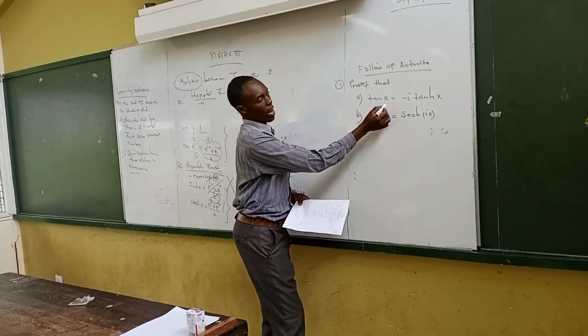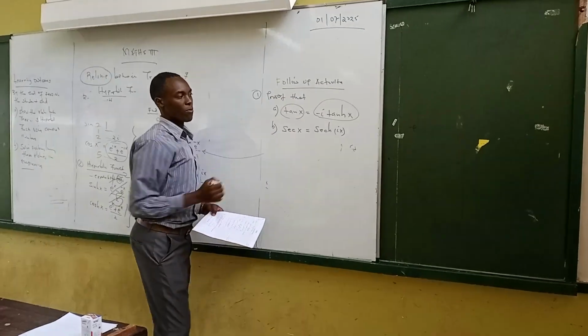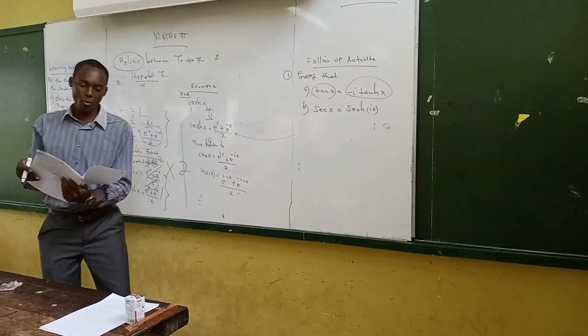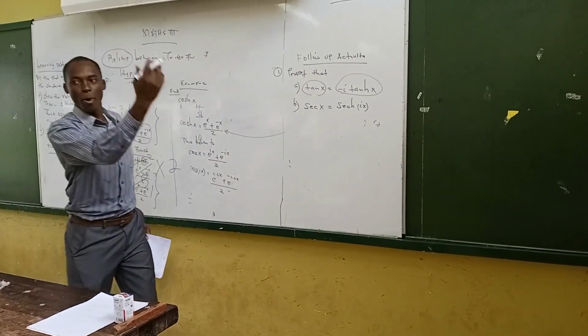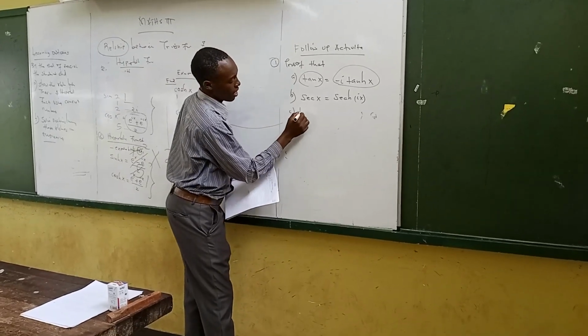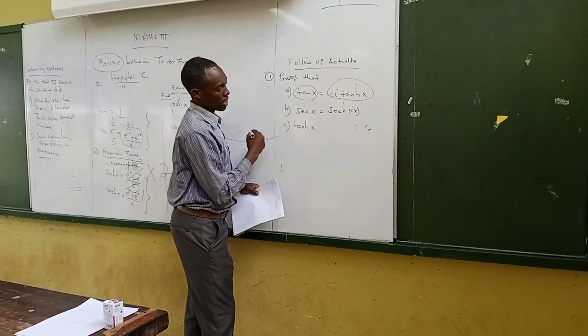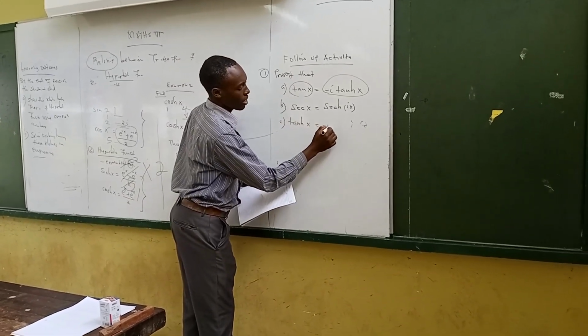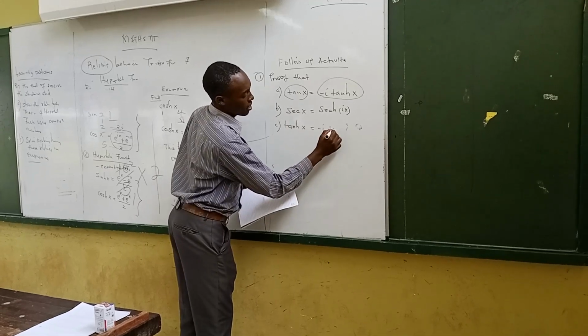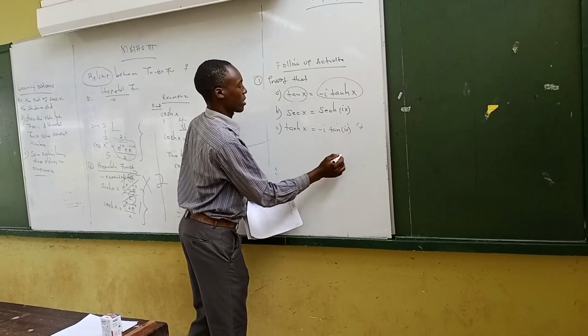This one, you are proving the trigonometric function to hyperbolic function. You can also prove from hyperbolic function to trigonometric function. Now, let's prove tanh x, that is the hyperbolic tangent of x, equals negative i, the tangent of ix.